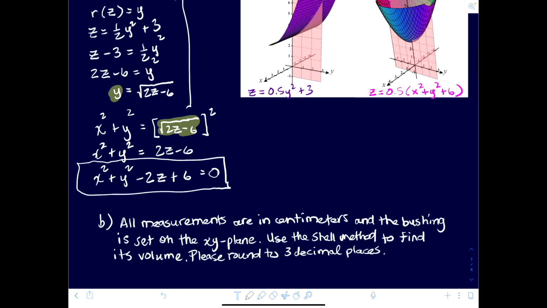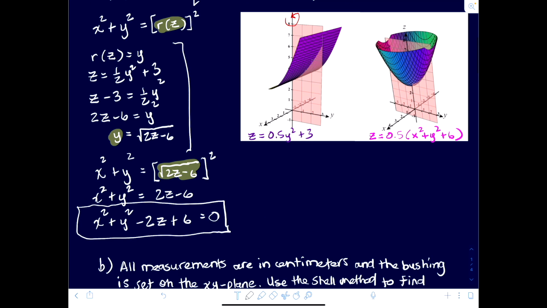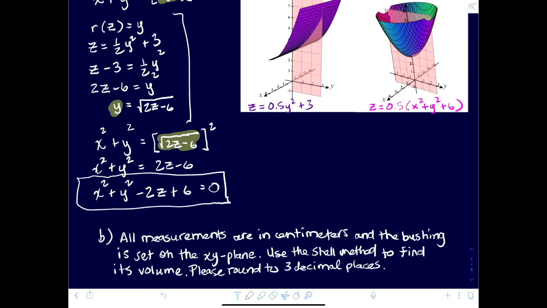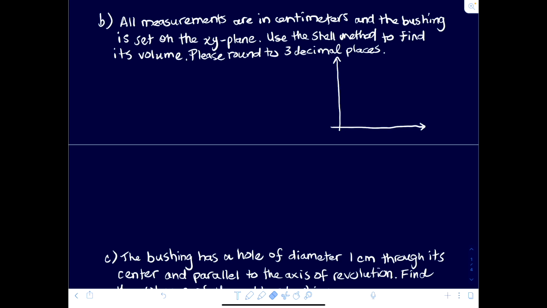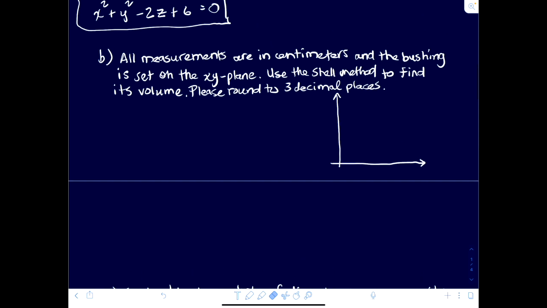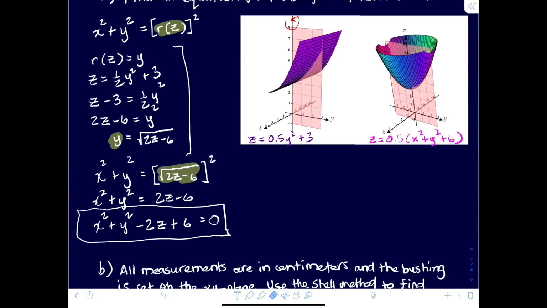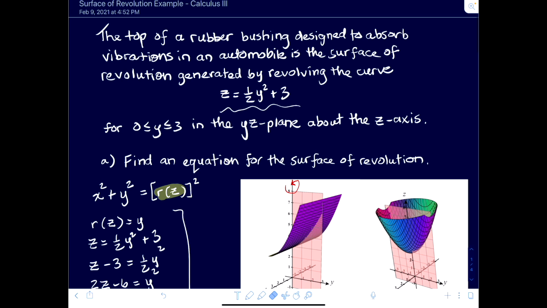Now we're given that all these measurements are in centimeters and the bushing is set on the XY plane. So we go back to our original situation where we have this equation here, z is 1/2 y squared plus 3.